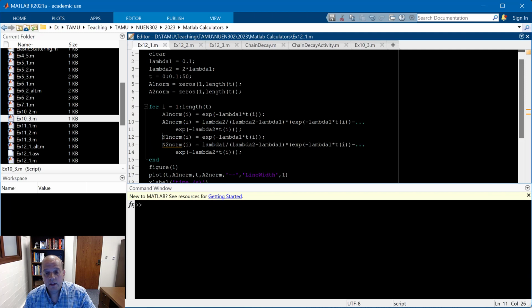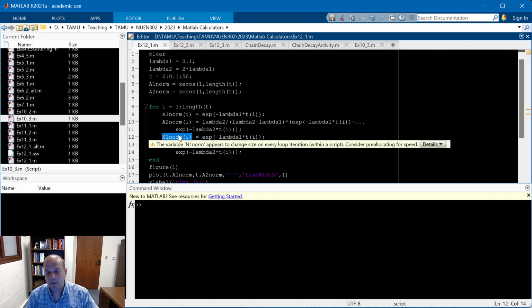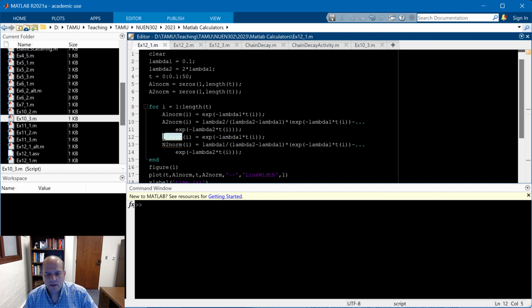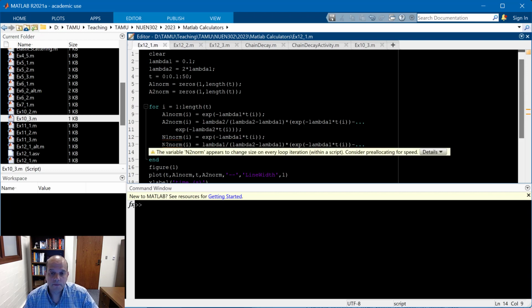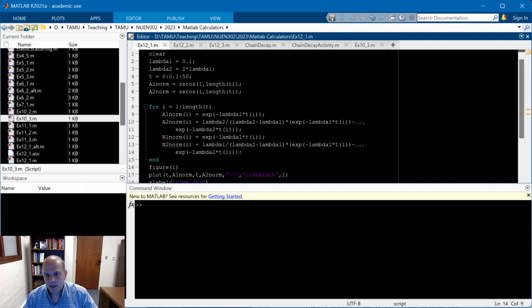And if I want to look at the inventory, it's not given to us in this problem statement, but if I normalize by the N1 naught, then I'll get my normalized value for my inventory of isotope 1, and that's just exponential of minus lambda 1t. For isotope number 2, it's the expression given here, lambda 1 divided by that difference in lambdas, with the two exponential terms just like for the activity.